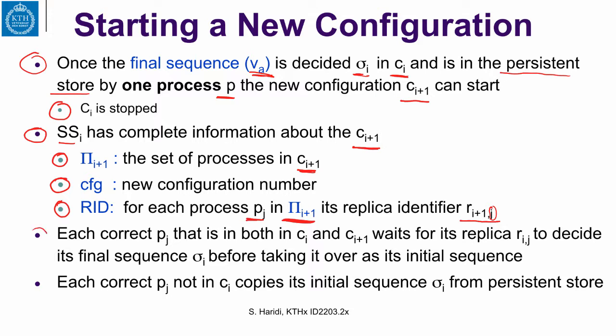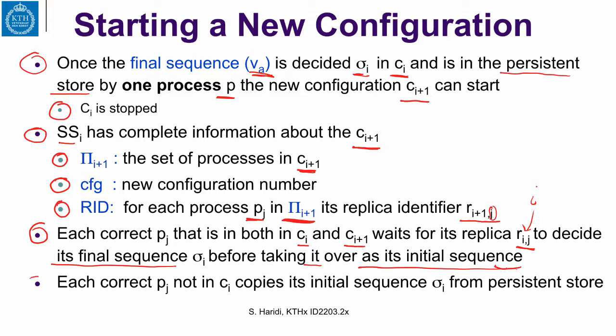Each correct process that is going to move from one configuration to the next one, moving from CI to CI plus 1, waits for its replica in the I's configuration to decide its final sequence before taking over the final sequence in configuration CI as its initial sequence in the new configuration.